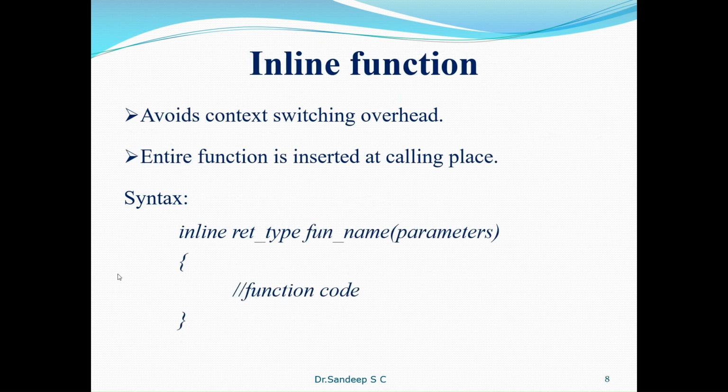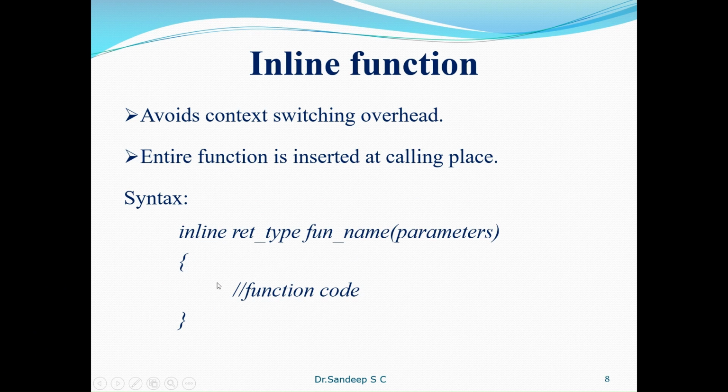Then the next type is inline functions. So inline functions are used to avoid context switching. Now we want certain properties of functions, but at the same time we want to avoid the context switching. Then we use inline functions. So it will give us the advantages of a function without adding the context switching overhead. So for that we use an inline keyword.